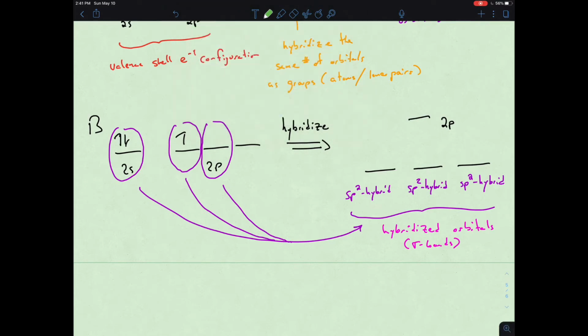And up top we have our non-hybridized orbital, and that's what we will use eventually for pi bonds, but we're just not there yet. But it's this idea of orbital conservation, that we started with 4 orbitals, and we should still have 4 orbitals, which we do here.